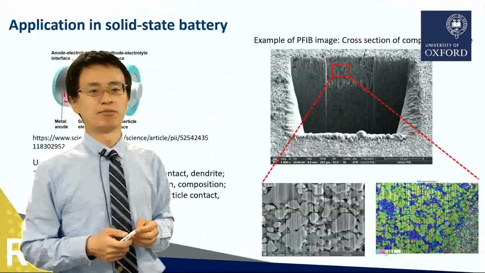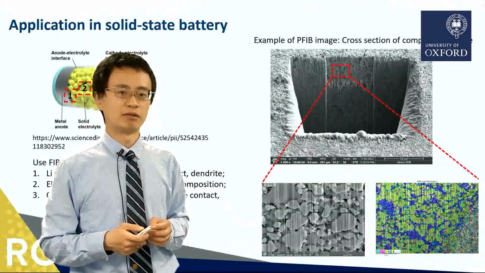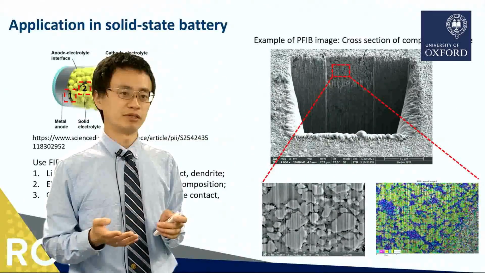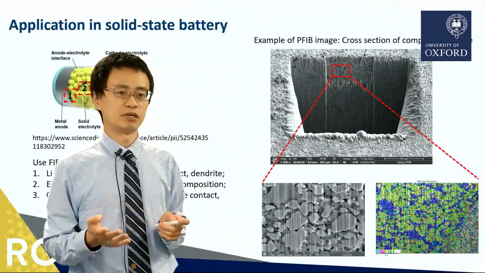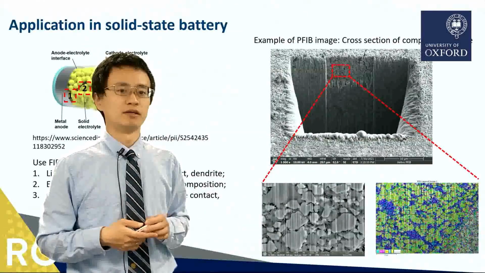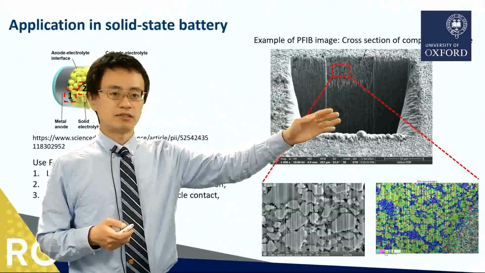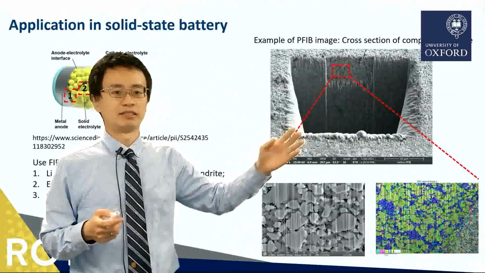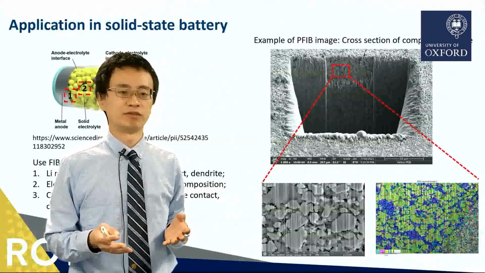In this slide, I put an example of a plasma FIB image that I got, which is cross-section of a composite cathode. It is composed of cathode active materials and a solid electrolyte. This low magnification image is to give you an idea of how we operate the FIB SEM.